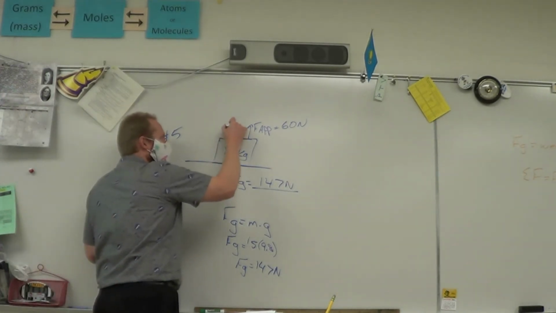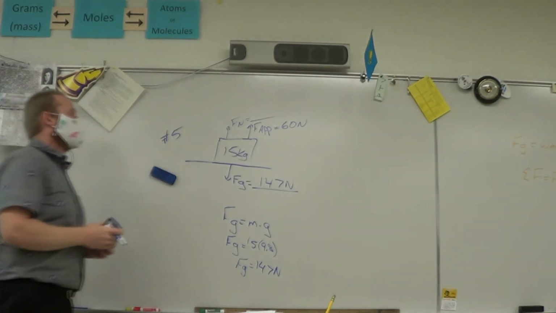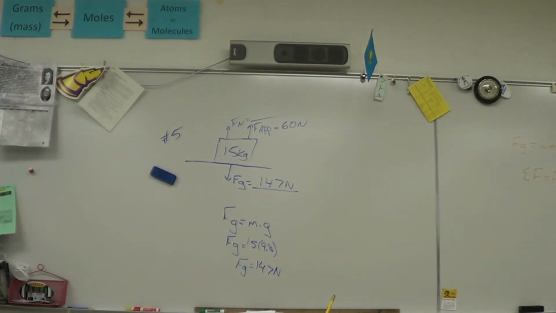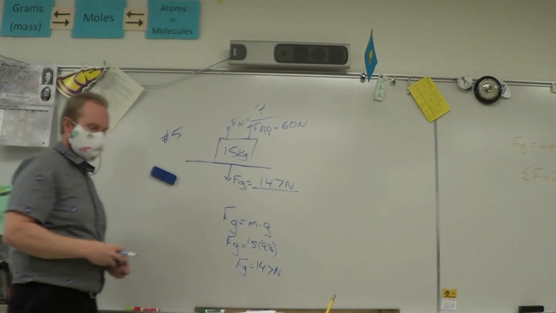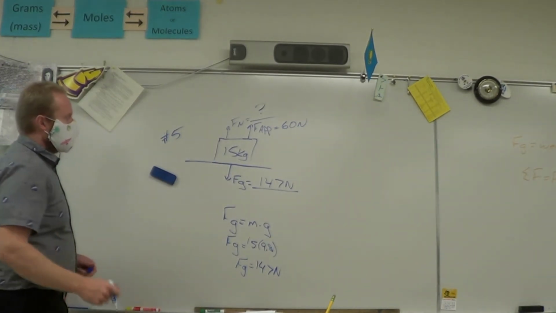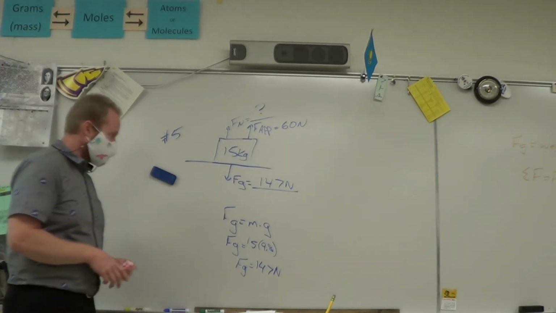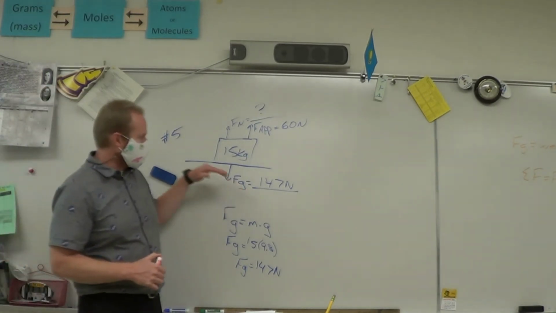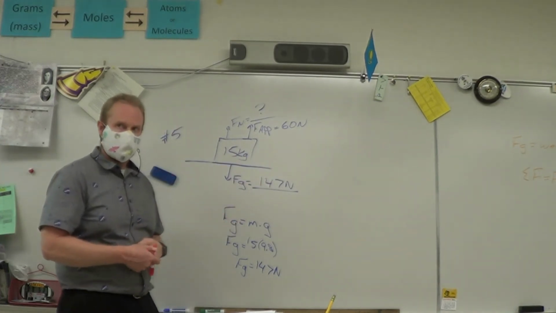Because I didn't lift up high or strong enough, I'm not strong enough to actually pick this 147 Newton thing up. I didn't apply big enough force. So there is going to be a normal force. That's ultimately what we're trying to figure out in this particular problem. Now, if the object is sitting on a surface and I pull up at 60 newtons, what's true about the velocity? Constant or changing?